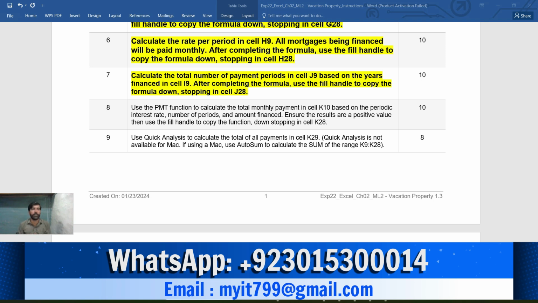Okay, dear student, here we have to find the total number of payment periods in cell J9. So we just multiply I9 by 12 to get the total number of payments.